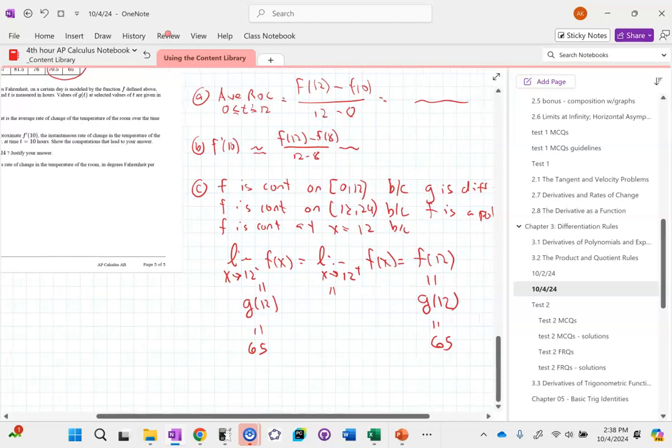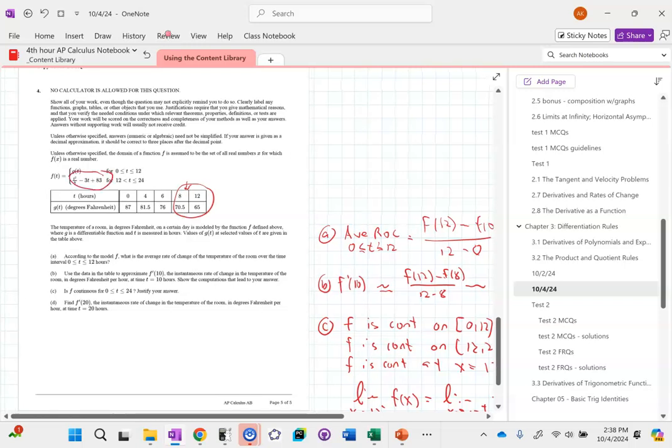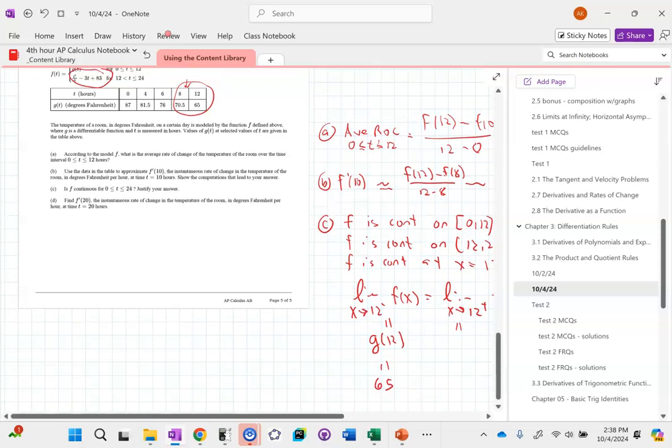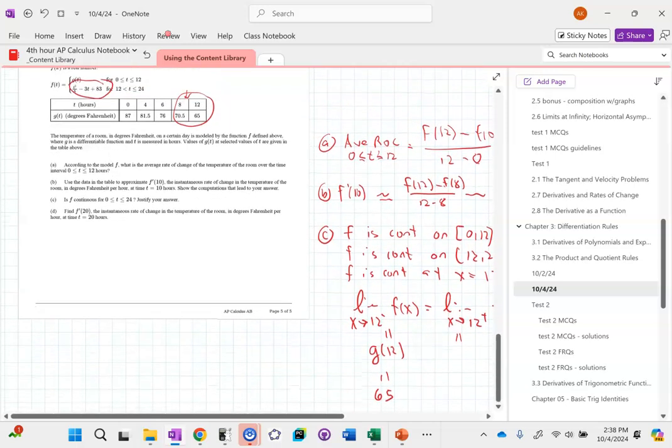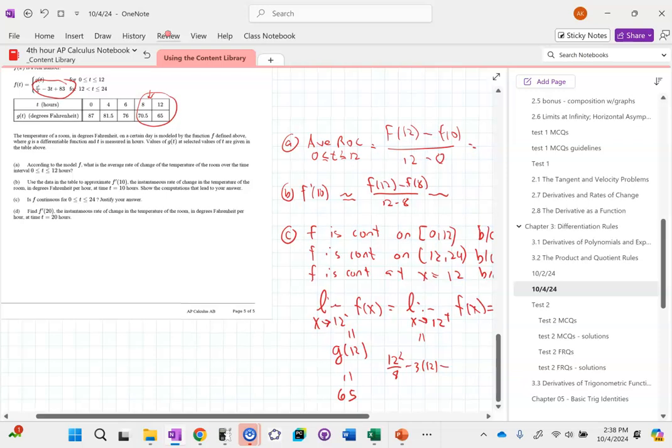And for f of 12 from the right, I'm just going to be plugging 12 into this polynomial. So we have 12 squared over 8 minus 3 times 12 plus 83.